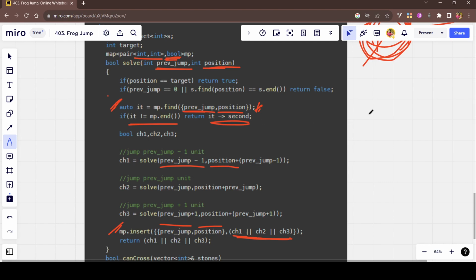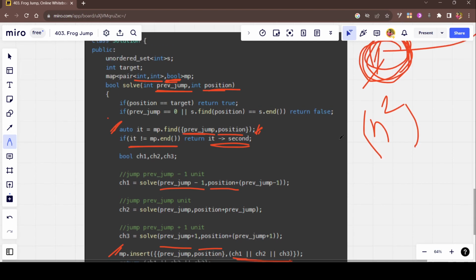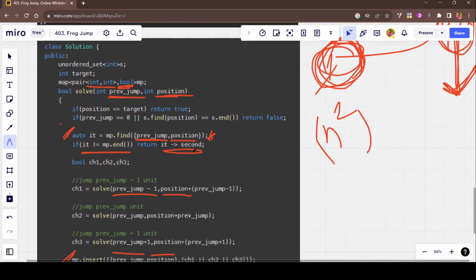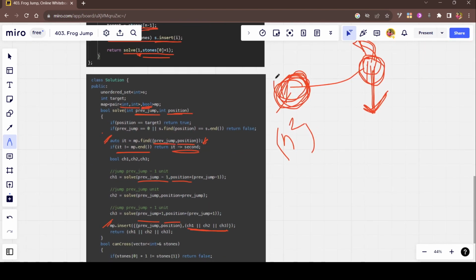By that method, you are able to optimize this to n square. Why n square? Previously you were checking everything, going deep down for every choice. But here, if you solve one portion, you don't have to go for it again. If there is an overlapping subproblem, you don't have to go deeper down.